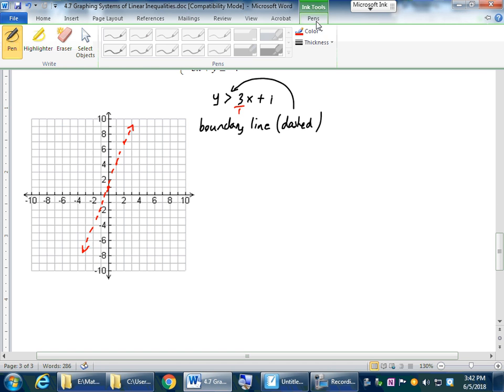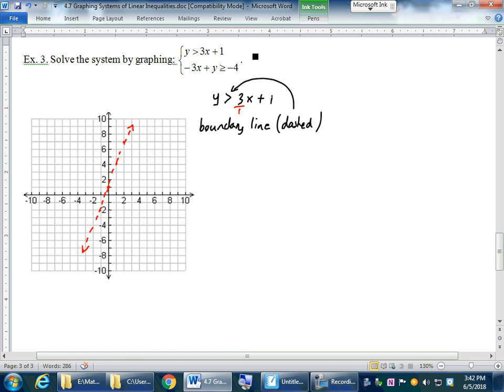And testing the point, let's test 1, 0, clearly on this side. So my y is 0, my x is 1, so that would be 0 is greater than 4. This is false.